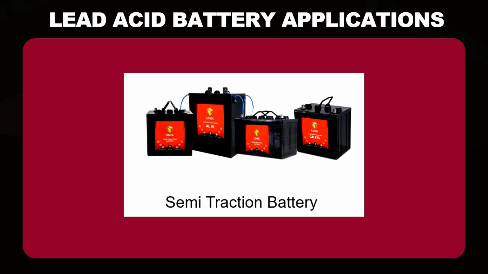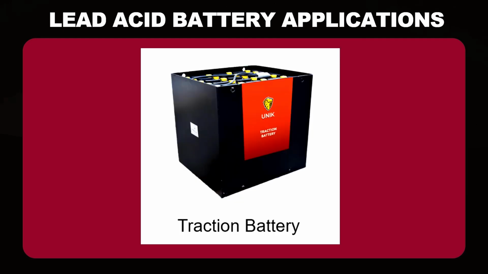These are semi-traction batteries used for golf cart, scrubbers, sweepers, and wheelchairs. This is a traction battery. These are huge batteries. They are cumbersome to handle and used for material handling applications. They also act as a counterweight in the forklifts, and these are also used for platform trucks and pallet trucks.